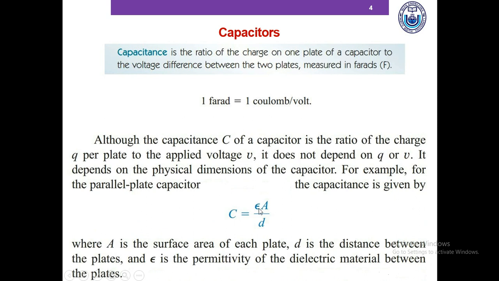There is the permittivity of the dielectric material, there is the cross-sectional area of the metal plates, and the distance between the metal plates. So the capacitance depends on the physical dimension of the capacitor instead of the voltage or charge. A is the surface area of each plate, D is the distance between the plates, and epsilon is the permittivity of the dielectric material between the plates.